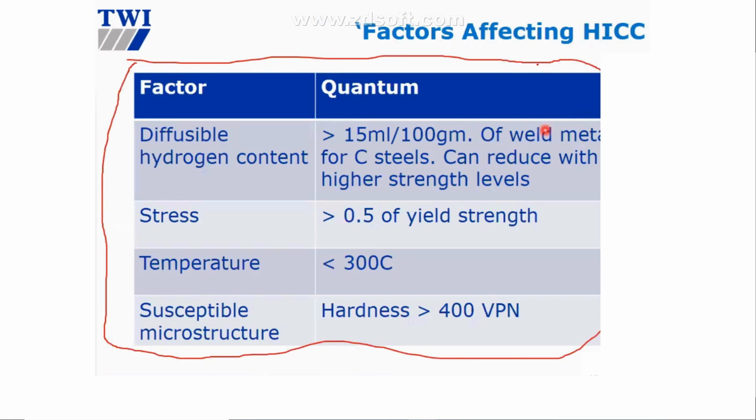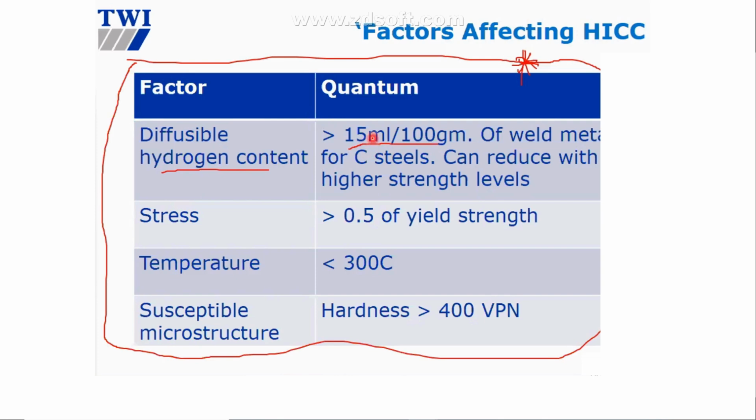Memorize up to the details. When you say hydrogen content, it must be more than 50 milliliter. Hydrogen crack can occur when hydrogen content during welding is more than 50 milliliter.